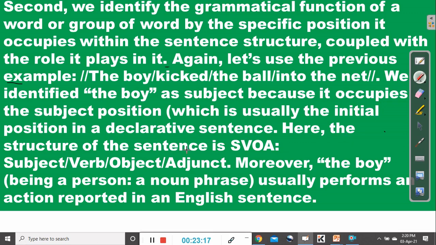Here, the structure of the sentence is SVOA: subject, verb, object, adjunct. Moreover, the boy, being a noun phrase, usually performs an action reported in an English sentence. So this is how we identify the function. The doer of an action in a sentence is usually the subject. And that is how we identify the grammatical function.